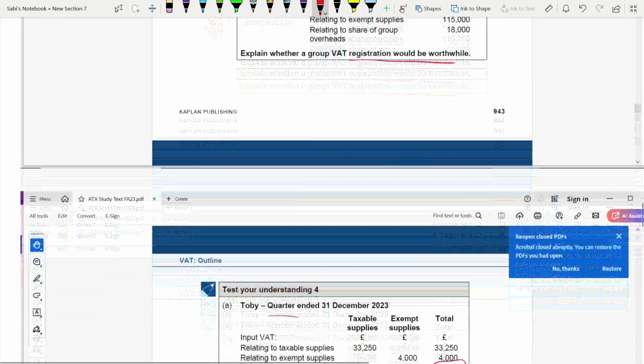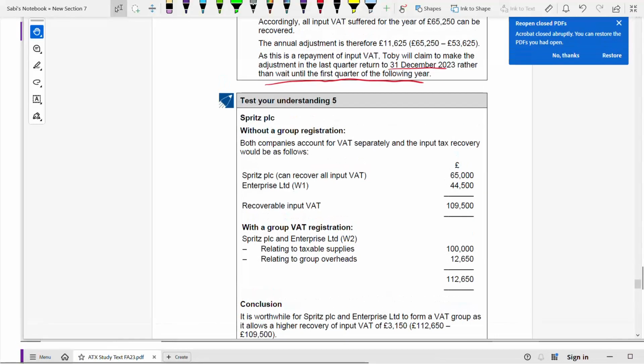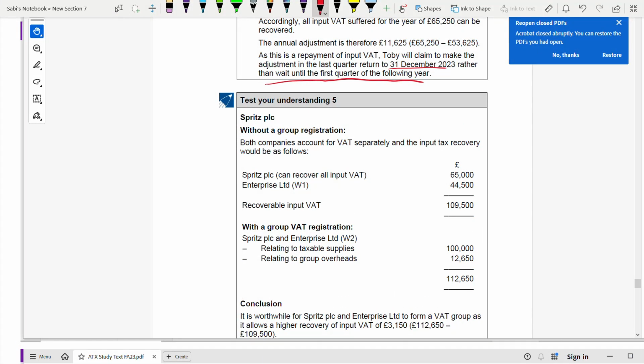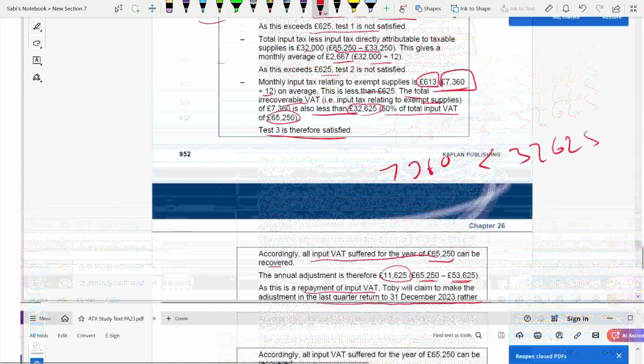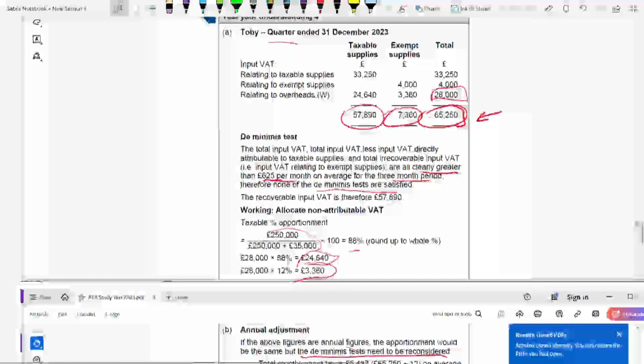So now, let us quickly do that. Both companies can account for VAT separately and input tax would be as follows. Okay. First, we'll find without the group. He can recover all input VAT because fully taxable. All taxable supply.